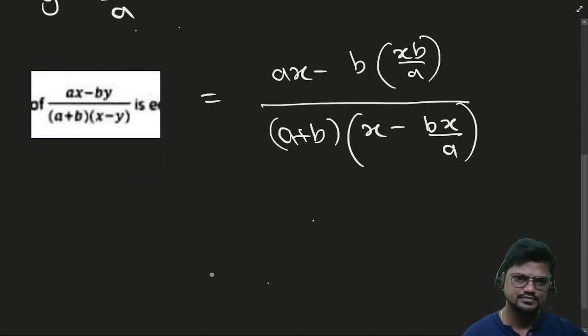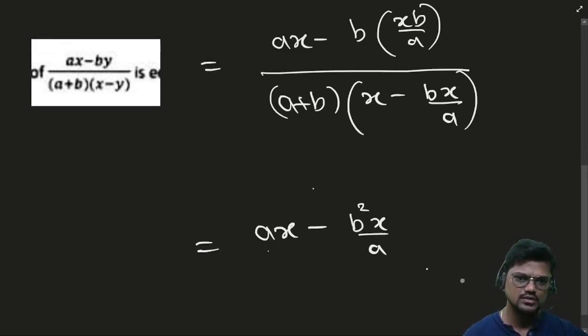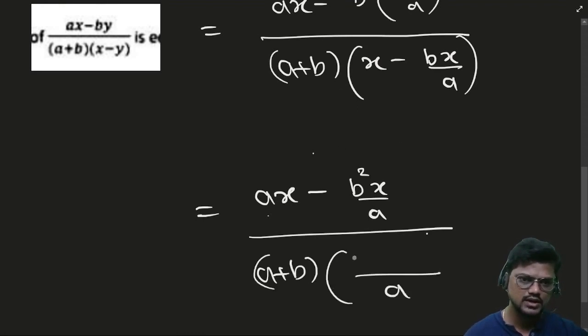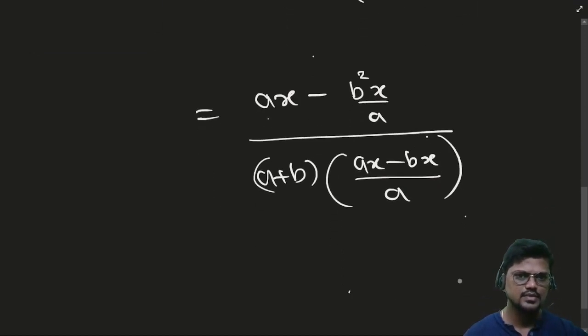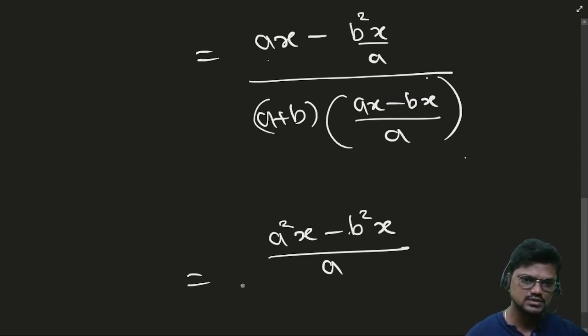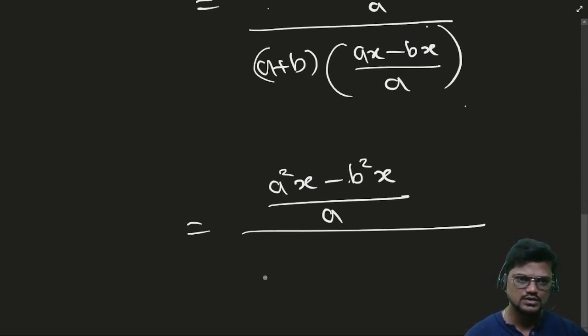Now after this, over here, ax minus b square x upon a upon a plus b into, in this you can do the cross multiplication, ax minus bx. After this, it will be equal to, you can take a in the LCM. This will be a square x minus b square x upon a plus b as it is.